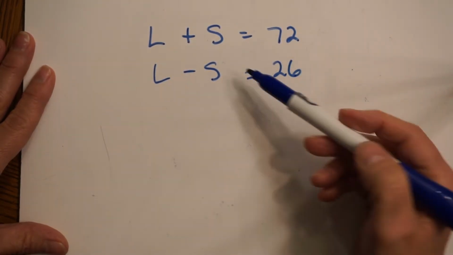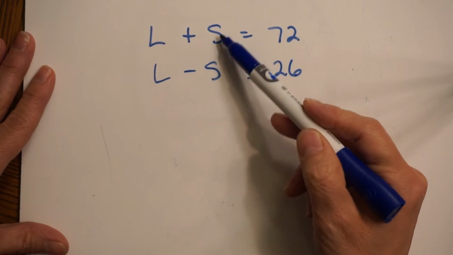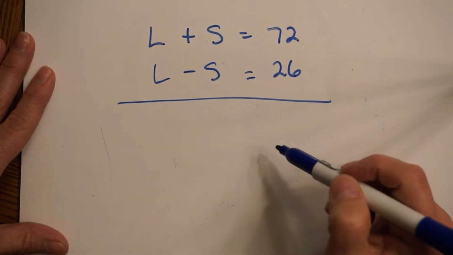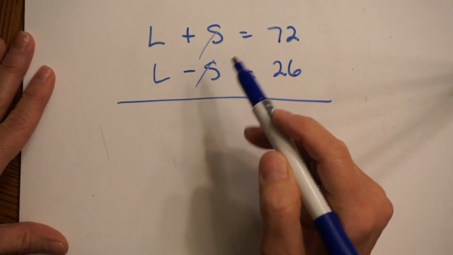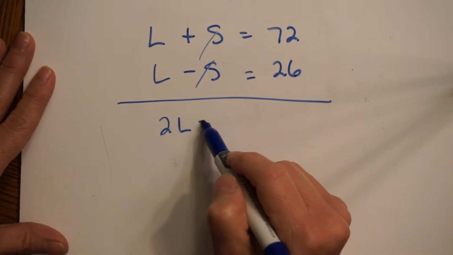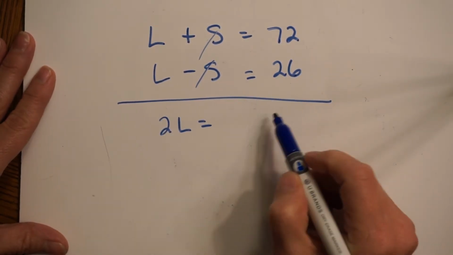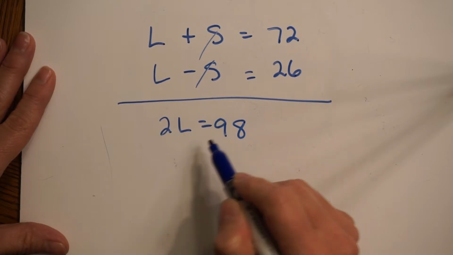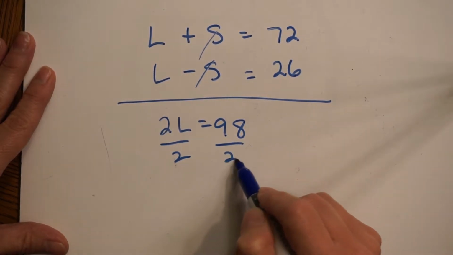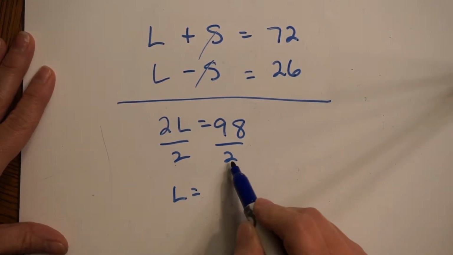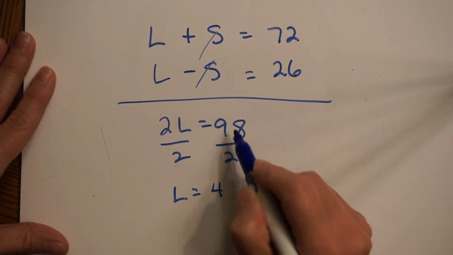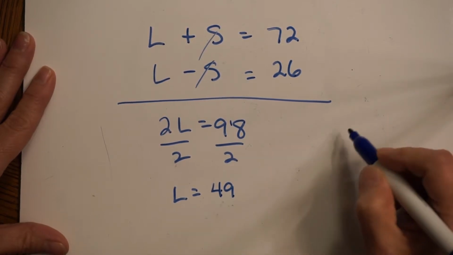Now in this case, I think I'm going to use elimination because my s's are already going to cancel each other out. So these cancel. I'm left with 2L is equal to 98. Divide by 2 on both sides. The large number is going to be equal to 49.